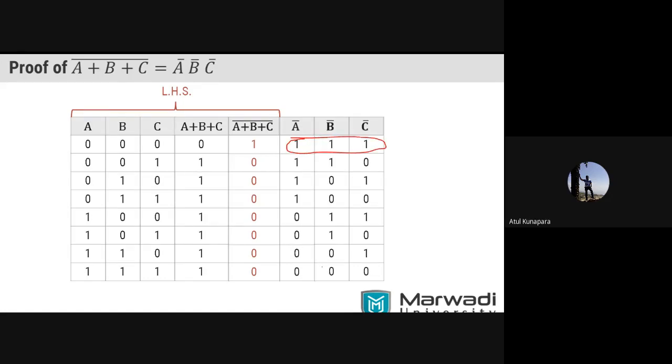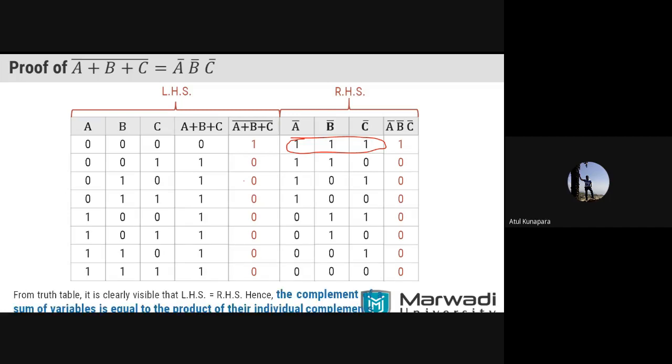The remaining all give you 0. So here you get this formula, and you can see that the LHS and RHS remain the same, and that's why we can say the De Morgan rule is applicable in the case of three input signal combinations also, right?